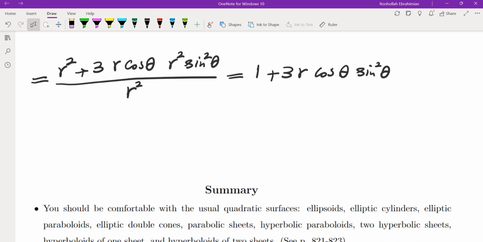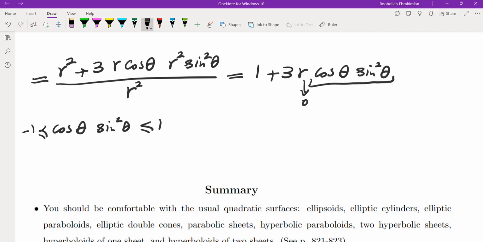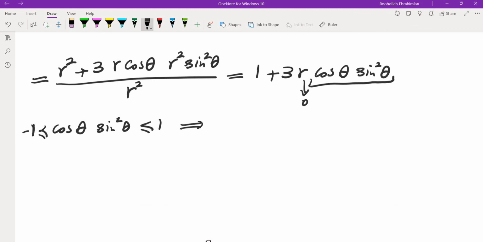Now let's see if we can use the squeeze theorem to show that this in fact approaches 1. Cosine of theta sine squared of theta is between 1 and negative 1. Now, I'm going to have to be careful: as we discussed before, we can't multiply both sides of an inequality by negative numbers. If you are multiplying by something, you have to make sure it is positive.